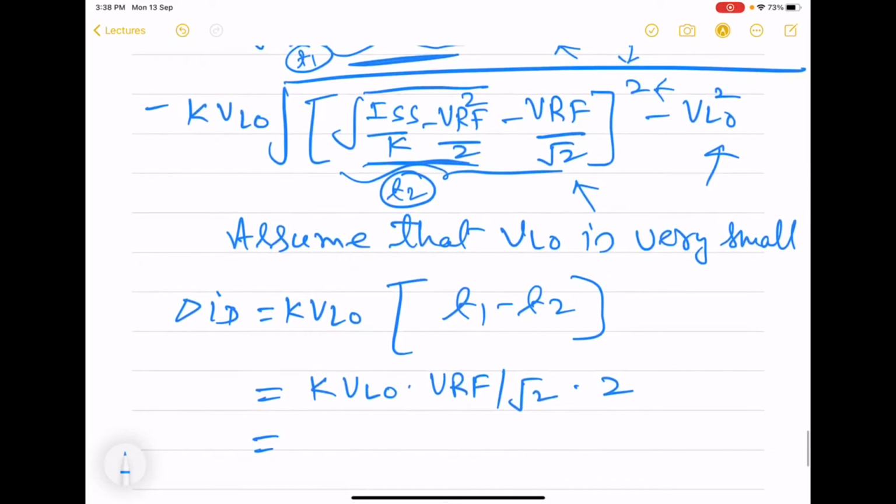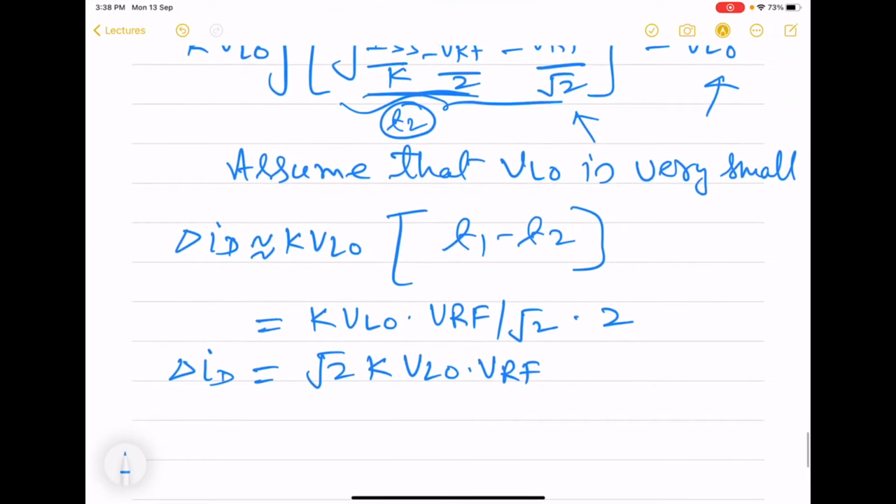So what we will get is square root 2 K VLO into VRF. This is approximate, of course, under the assumption that VLO is very small.